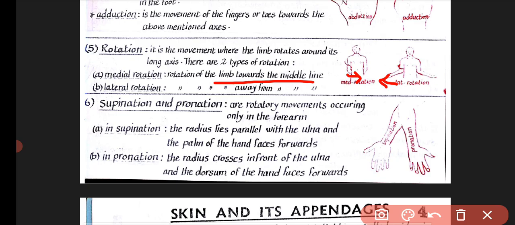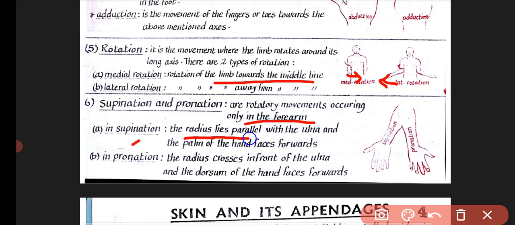Last one is supination and pronation. Supination and pronation are movements occurring only at the radio-ulnar joint, a rotatory movement occurring only in the forearm. What is supination?